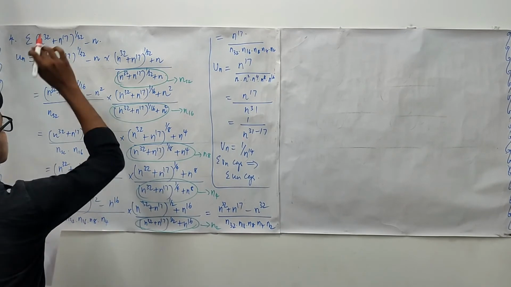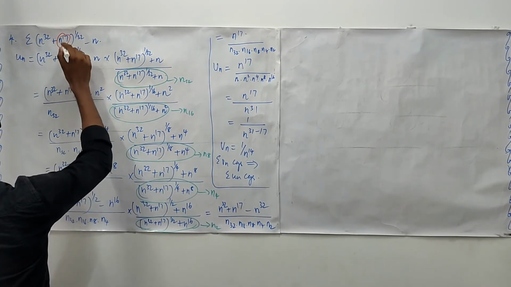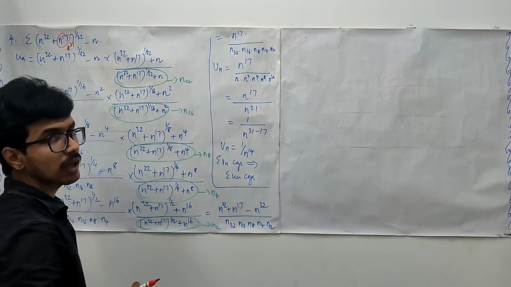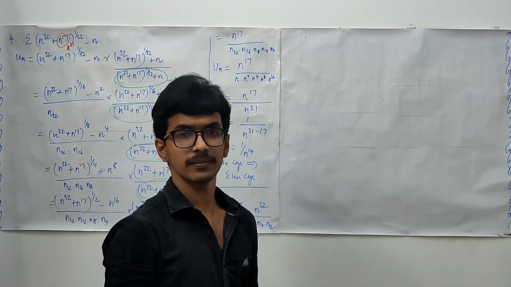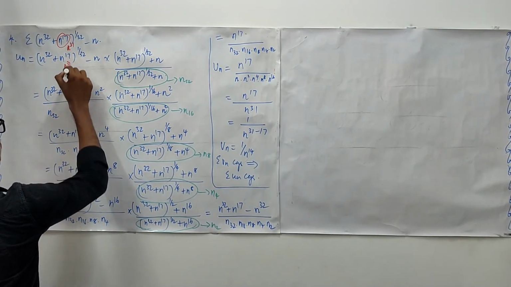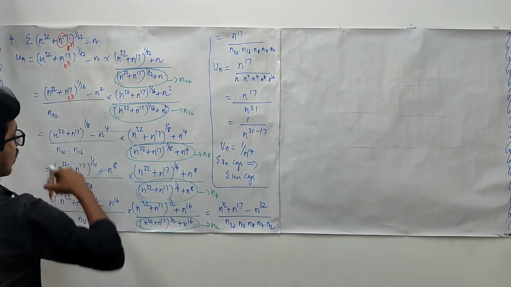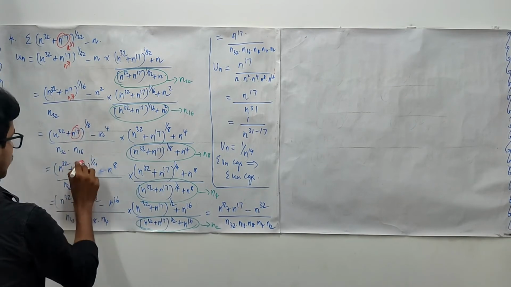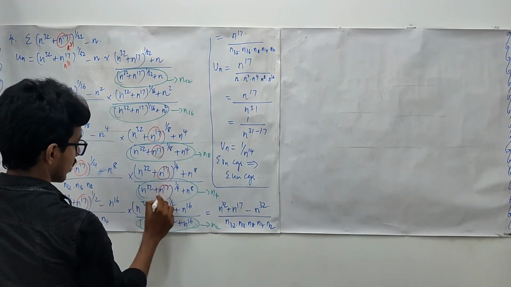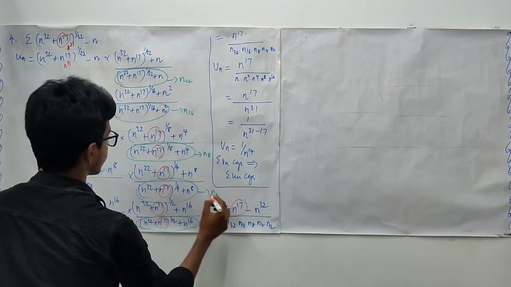Now let me make a small change in this problem. Instead of n power 17 here, I am changing this to n power 31. Okay, what is going to happen? So when I change this to n power 31, in all the places we will have to change these things into n power 31.